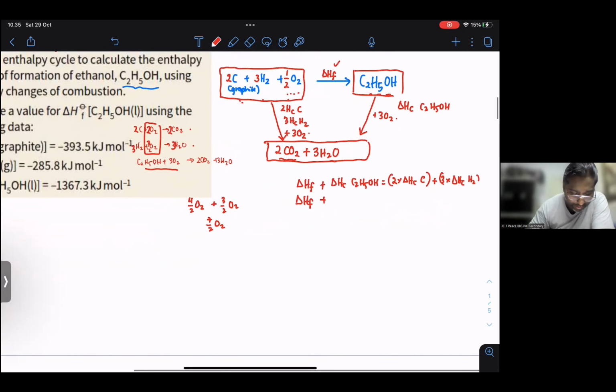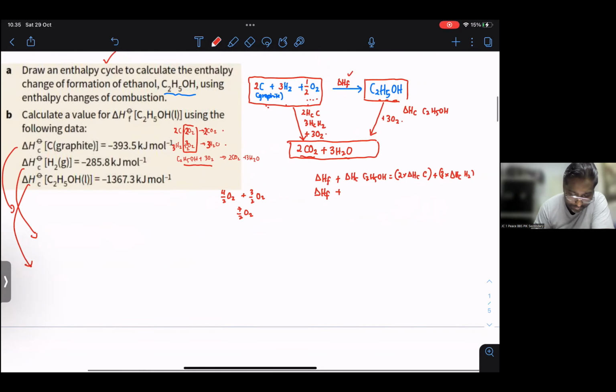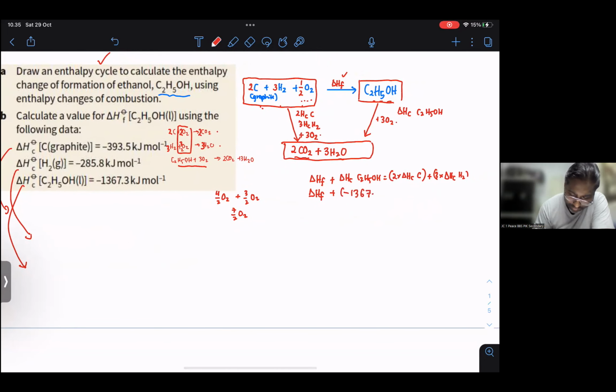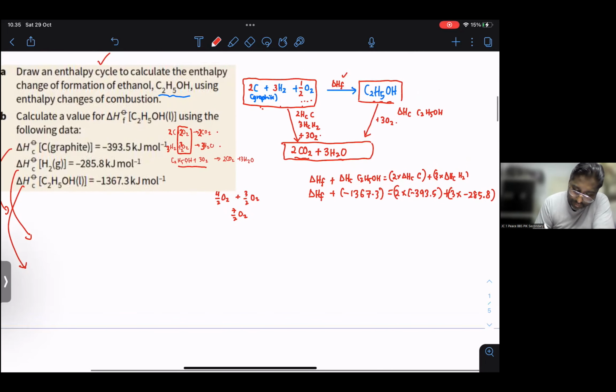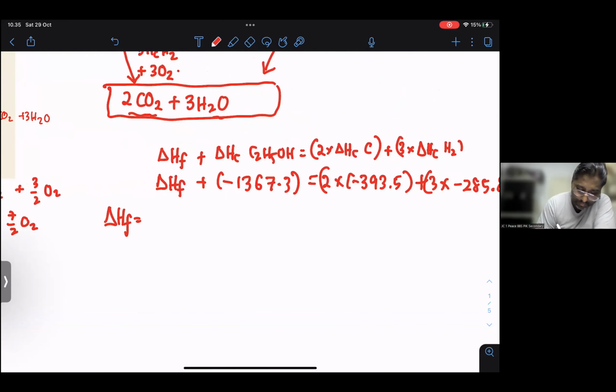Enthalpy combustion of the ethanol is negative 1367.3. Please calculate for me as I keep on writing. 2 times, for carbon, negative 393.5. And then for hydrogen, 3 times negative 285.8. And basically, we are looking for enthalpy change of formation. Need to rewrite again.